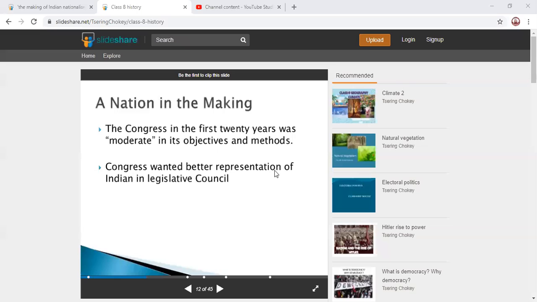At that time the Britishers did not allow elections to be conducted in the whole country. There were a limited number of constituencies where elections were held, and Congress took part in such elections by fielding its candidates.